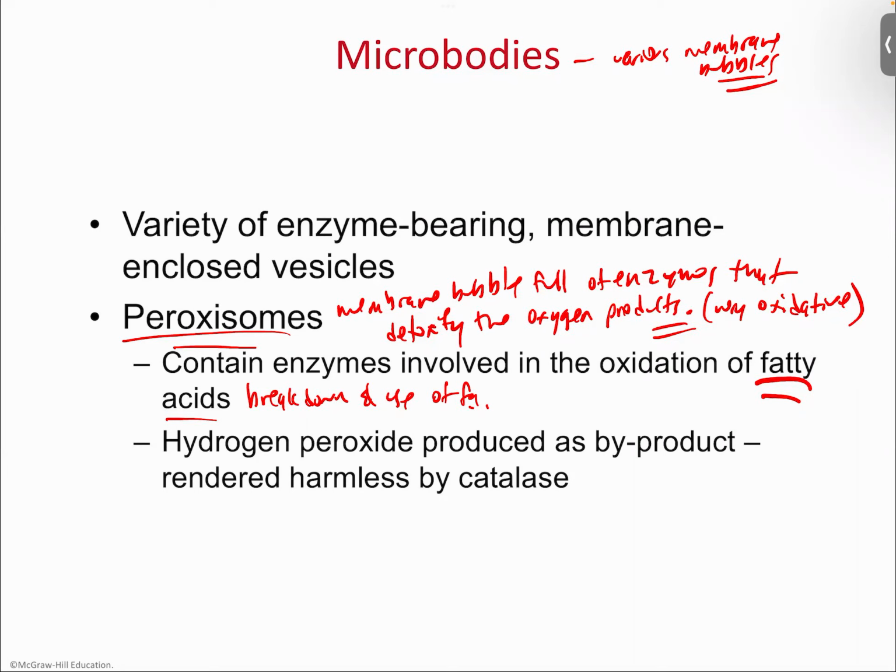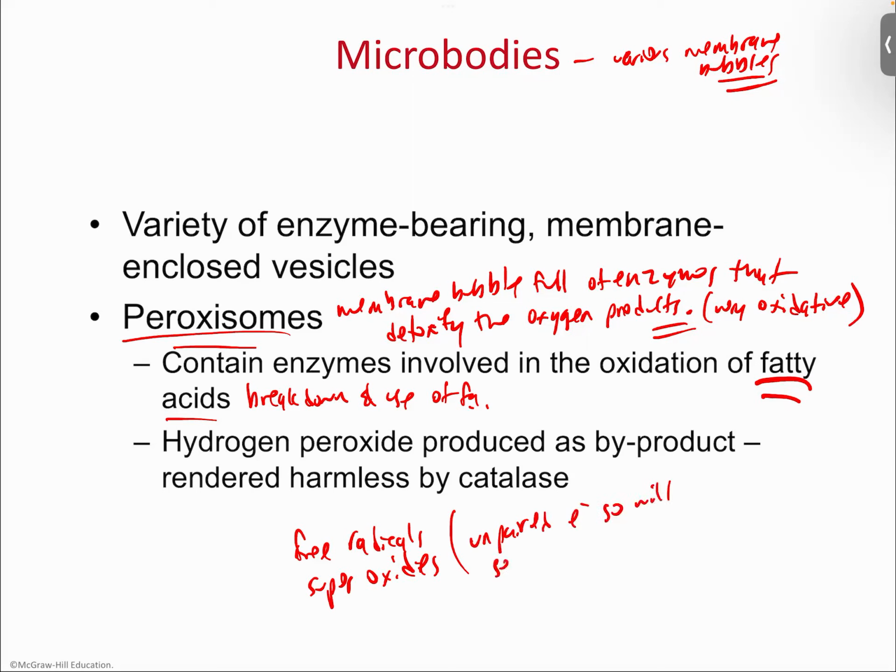Typically speaking, what we see in these oxidative byproducts are things like free radicals and superoxides. Basically, these are molecules that have unpaired electrons.